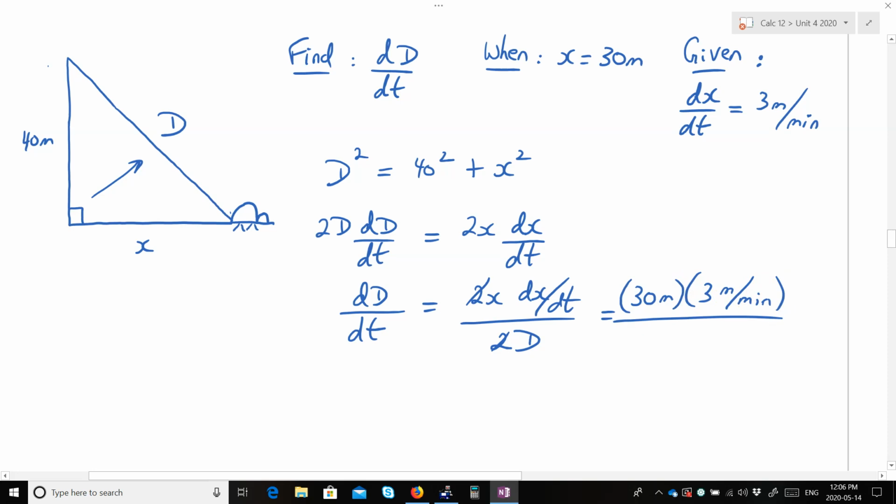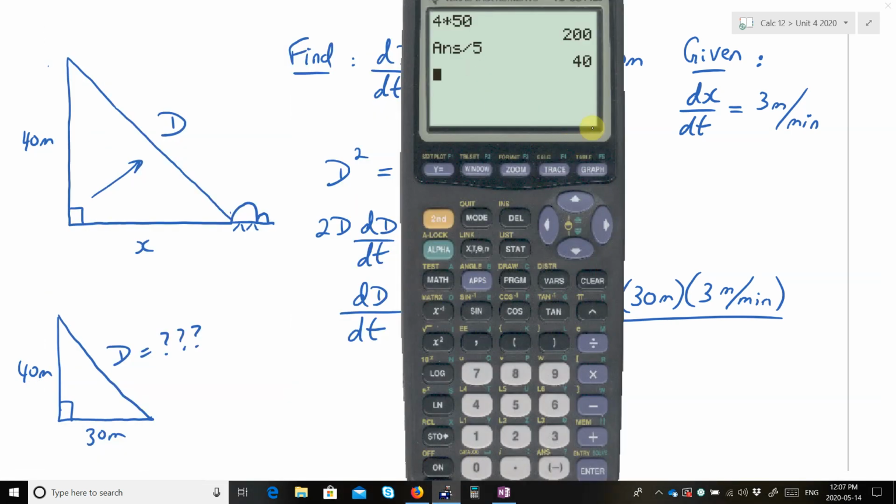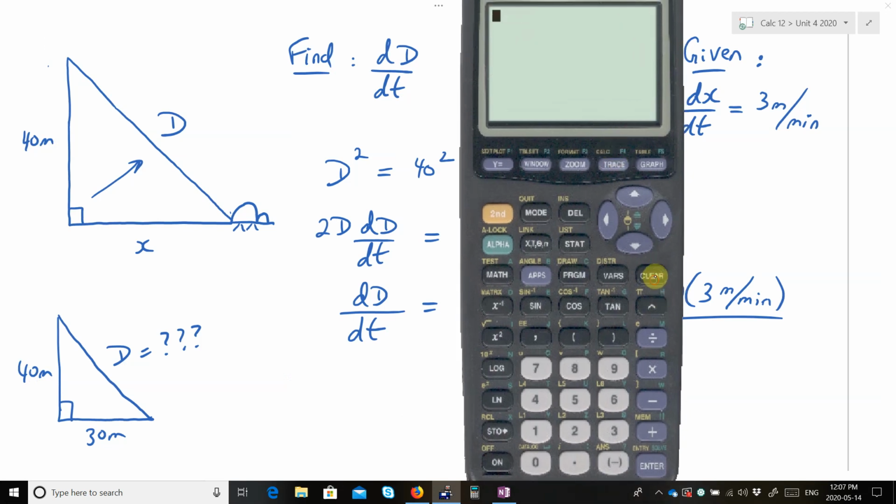Divided by, we have to figure out d now that we're talking about the instant x is 30. Right, so this is 40. X is going to hit 30 meters at some instant, and so what is d? D squared is equal to 30 squared plus 40 squared, and so then d will be the square root of that.